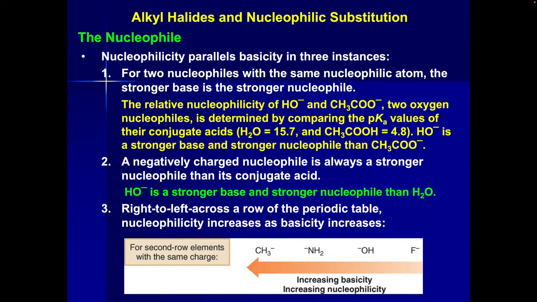So if you did the reaction of hydroxide functioning as the nucleophile and water functioning as the nucleophile, the hydroxide reaction would work faster. And that makes sense because it has a negative charge, right? So negatively charged nucleophiles are almost always stronger nucleophiles than their conjugate acid, which is water.